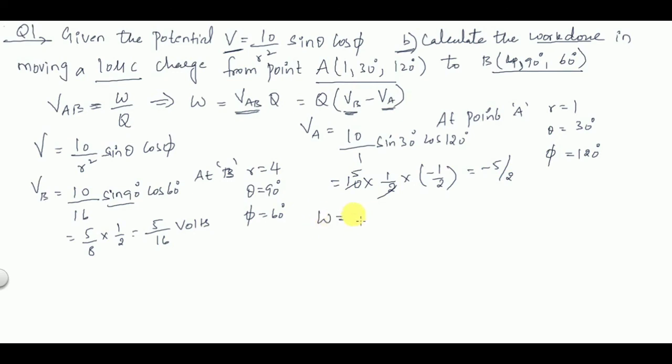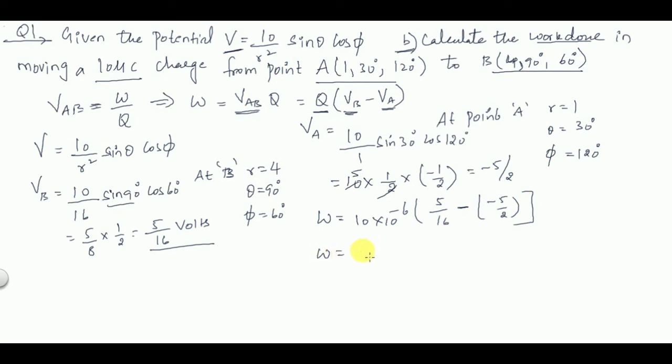So work done is equal to Q into VB minus VA. Q value is 10 microcoulomb, so 10 into 10 to the power of minus 6 into VB. So VB is 5 by 16 minus VA, and VA is minus 5 by 2.